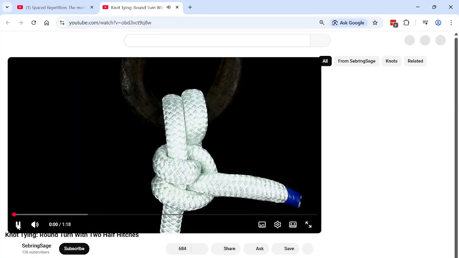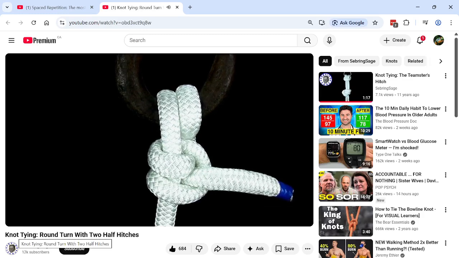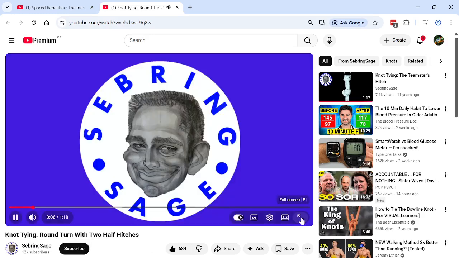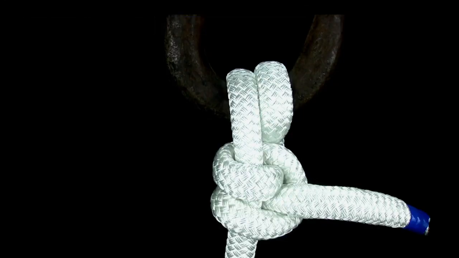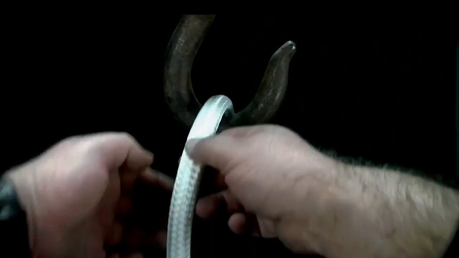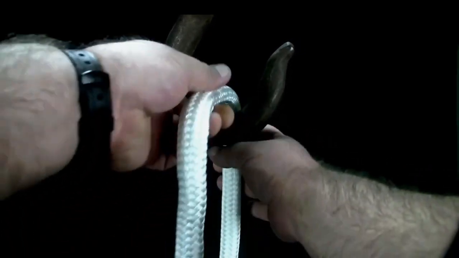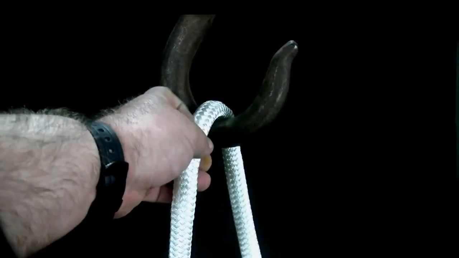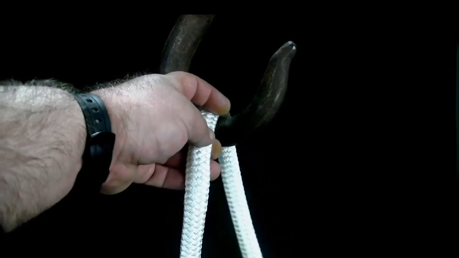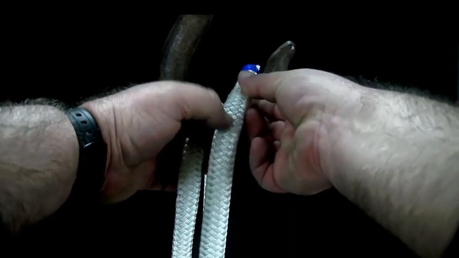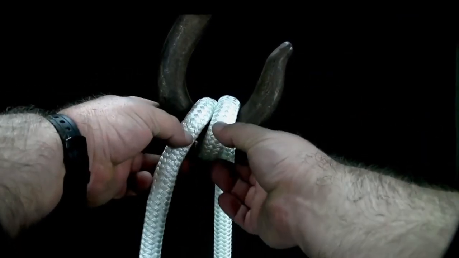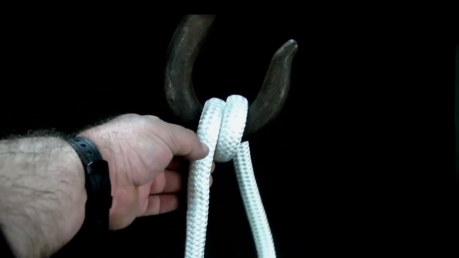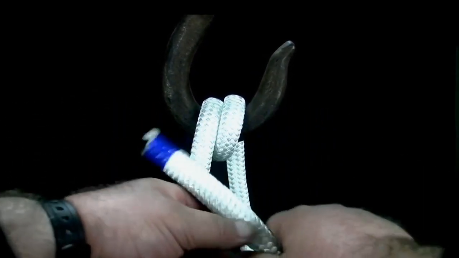In this video, you will learn how to tie the round turn with 2 half hitches. The round turn with 2 half hitches can be used, among other uses, to attach a load to a hook. To tie it, pass the end of the rope through the mouth of the hook. Then pass it through a second time, creating a round turn. Cross the working end of the rope over the standing part.